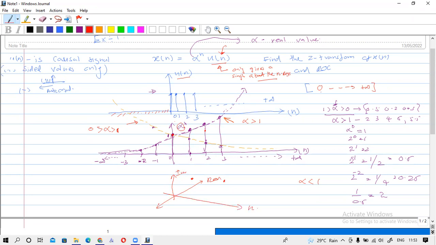So if alpha is real, it is a 2-dimensional plot, but if alpha is imaginary, it will be a 3-dimensional plot. But in our course we are not talking about 3-dimensional signals.